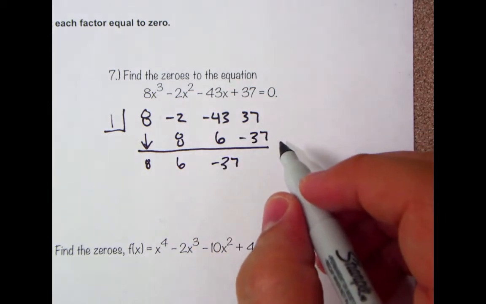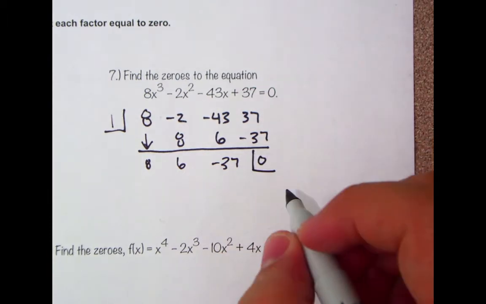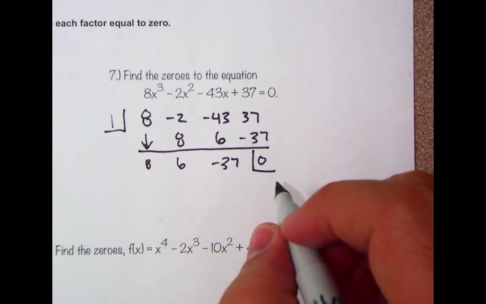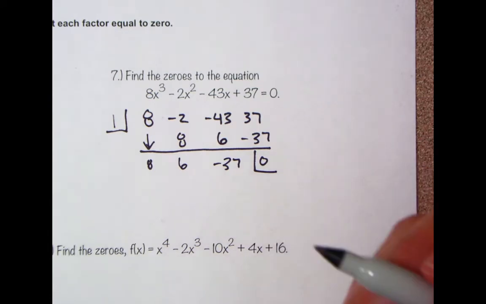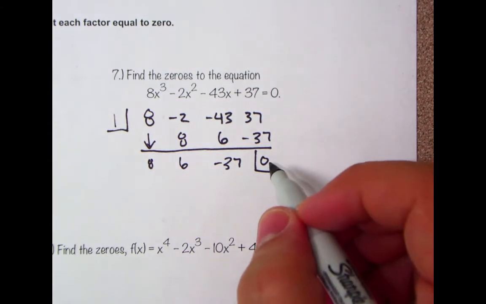If you did the synthetic division properly, you should get a 0 at the end. There should not be a remainder, because you're using an actual solution, so it's a factor.